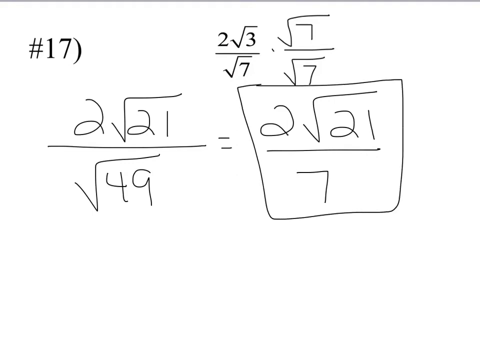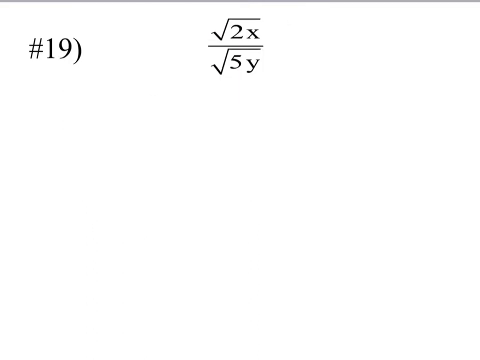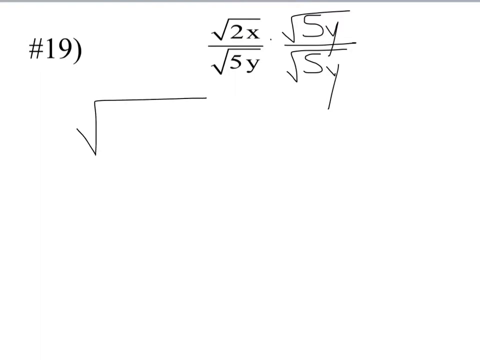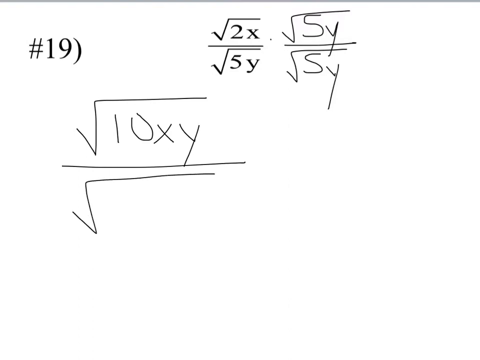We need to rationalize the denominator, so I'm going to multiply by the square root of 5y over the square root of 5y. Multiply your numerators. Square root of 2x times the square root of 5y is the square root of 10xy all over the square root of 25y squared.